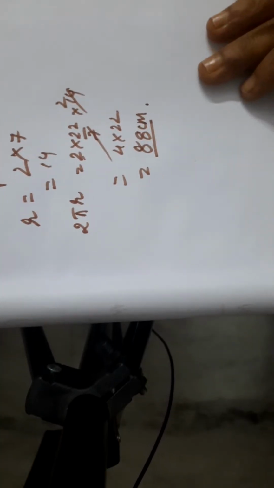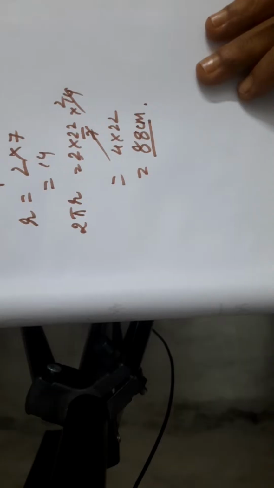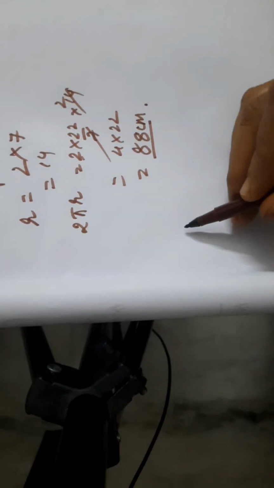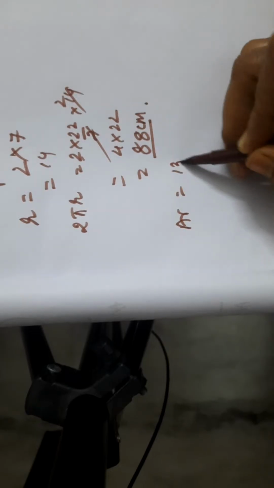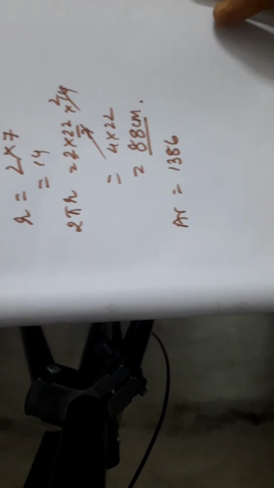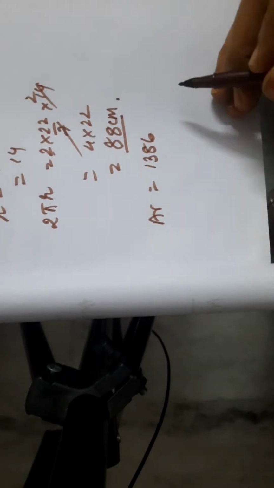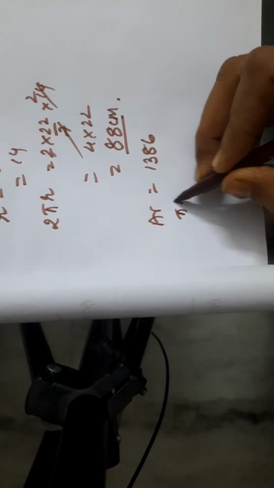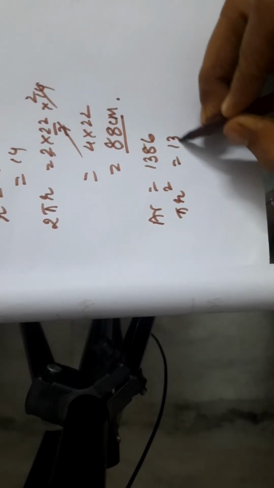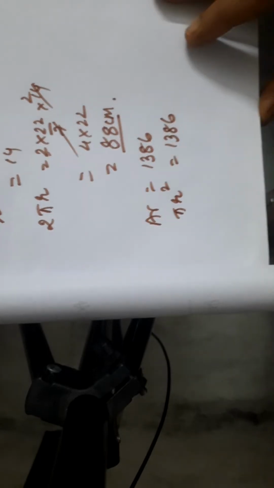Now next question is given. Area of the circle is 1386. Again we'll compare with the formula. Pi r square is 1386.